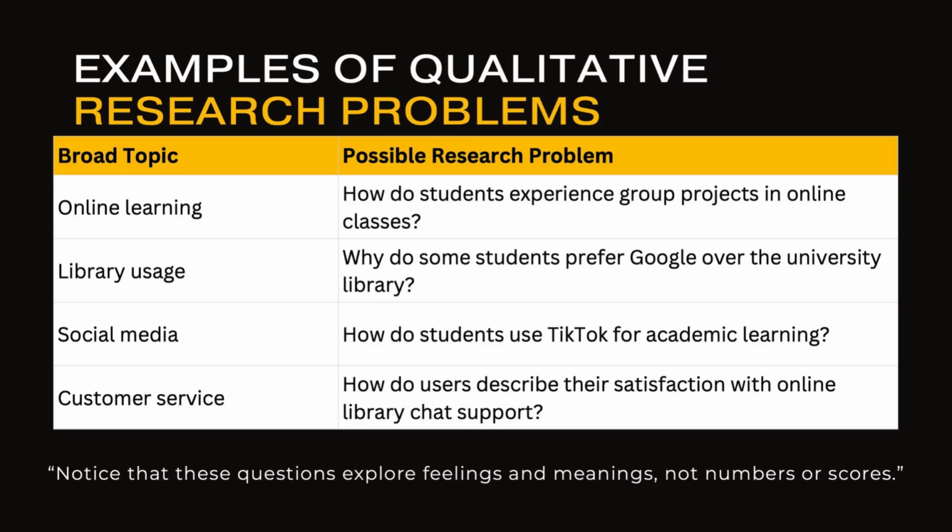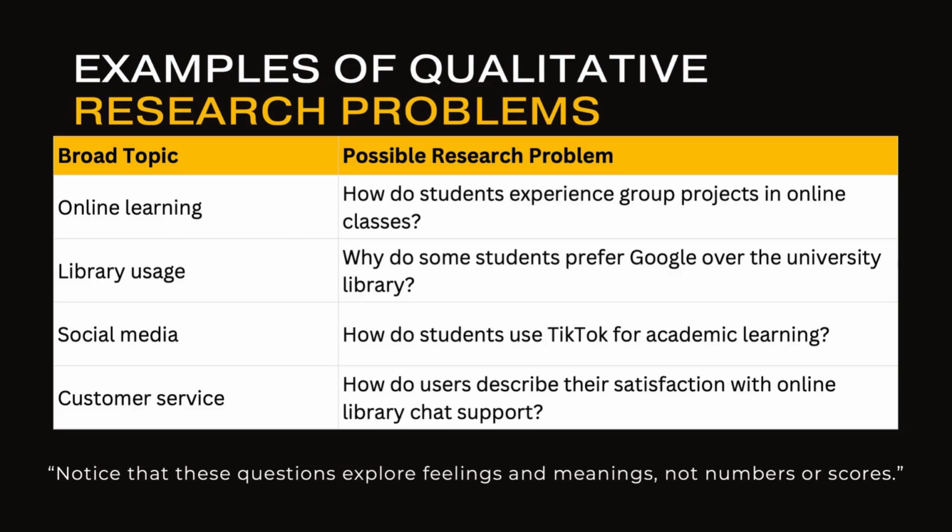The third topic is social media. A possible research problem might be, how do students use TikTok for academic learning? This helps us understand their motivations, strategies, and learning behaviors in a non-traditional space. And finally, customer service. Here, we might ask, how do users describe their satisfaction with online library chat support? The goal is to capture users' personal experiences in their own words.